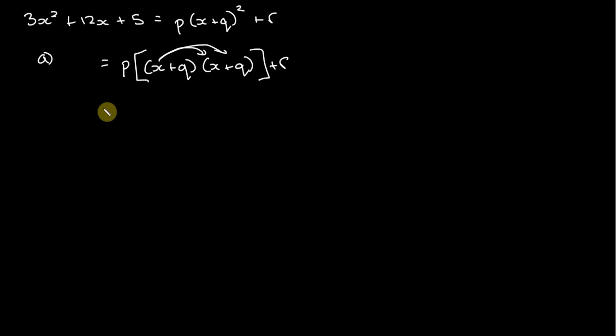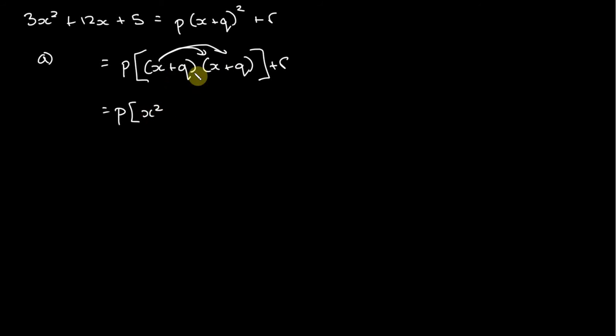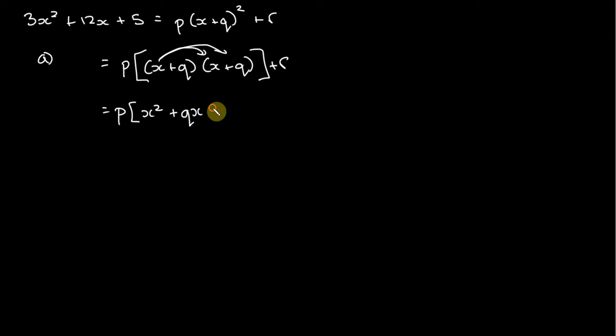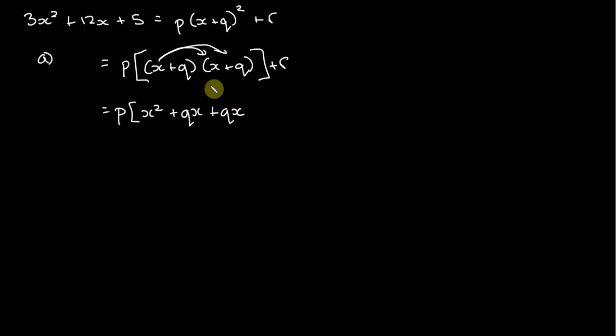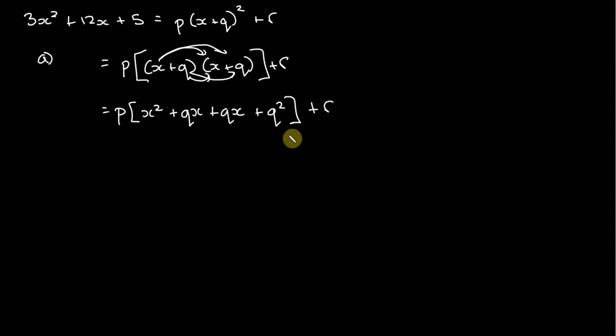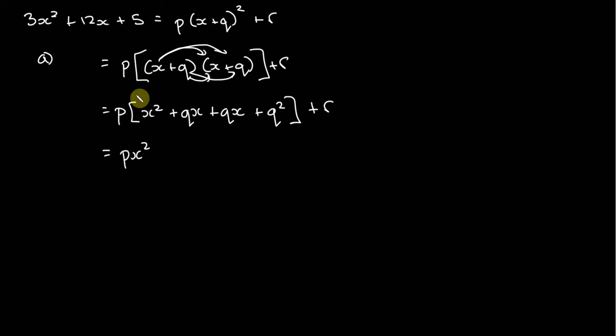So we're going to end up with x squared, and then x times q, I'll write it as qx. Then we've got another qx, and a q squared, and that's going to be plus r. But we still need to distribute this p. So the next line would be px squared, because p times x squared.